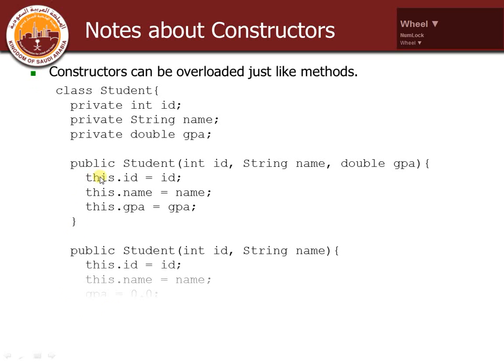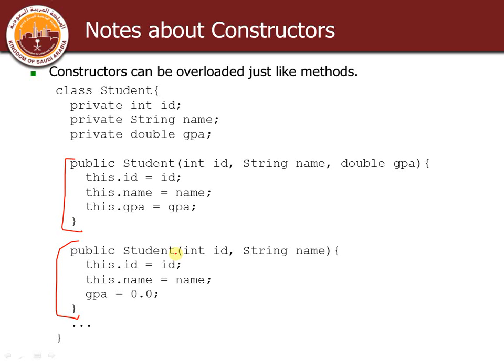So we said that constructors can be overloaded, so I can have a constructor that takes 3 arguments, another one that takes 2, and I can customize the constructors depending on my needs. So I'm the one who decides how many arguments my constructor will accept, and how many constructors I will have.